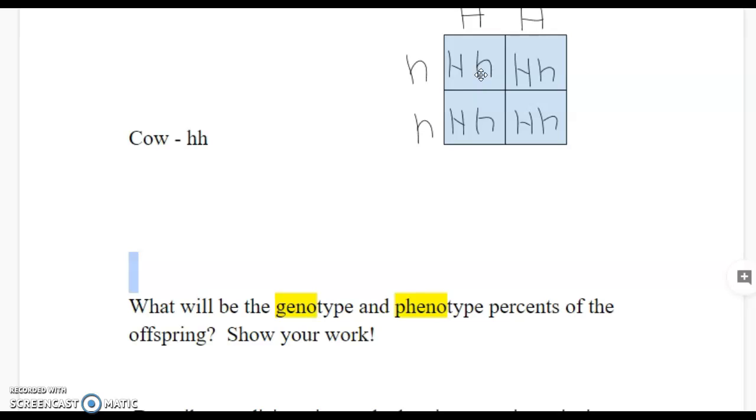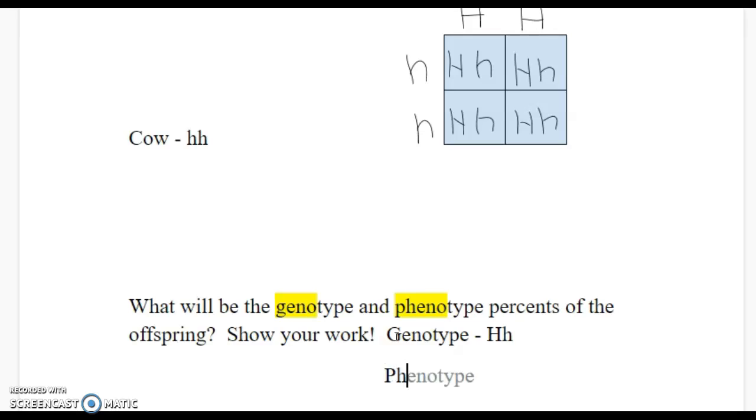So that's the genotype, big H, little h, for each of the offspring. We'll put genotype. And genotype has gene in there, so it's looking at the genes, the alleles that make up those. So genotype is big H, little h for each of the offspring. Okay. Phenotype. Pheno is looking at those physical traits.